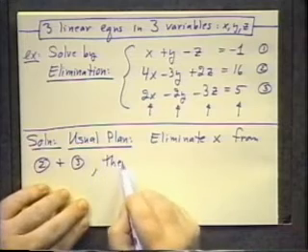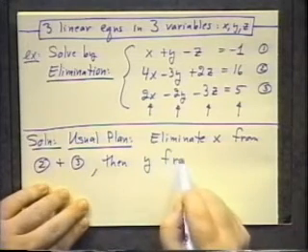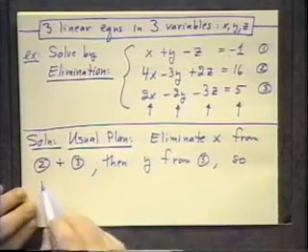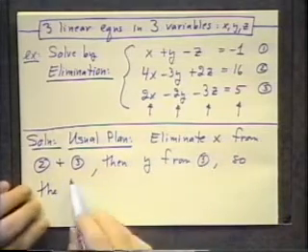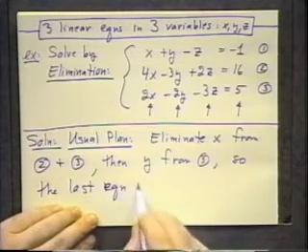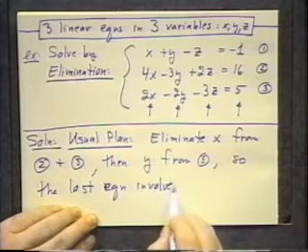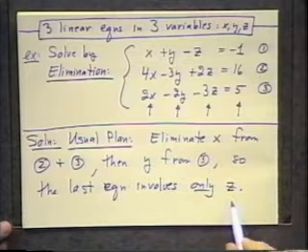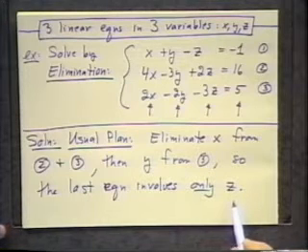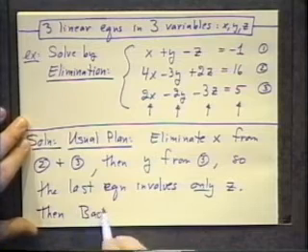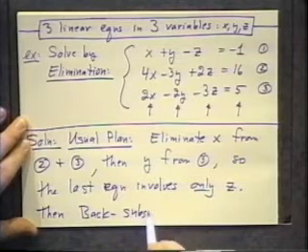Then, continuing downward, y from 3. So the last equation involves only z. And once it involves only z, you can solve for z and back substitute.